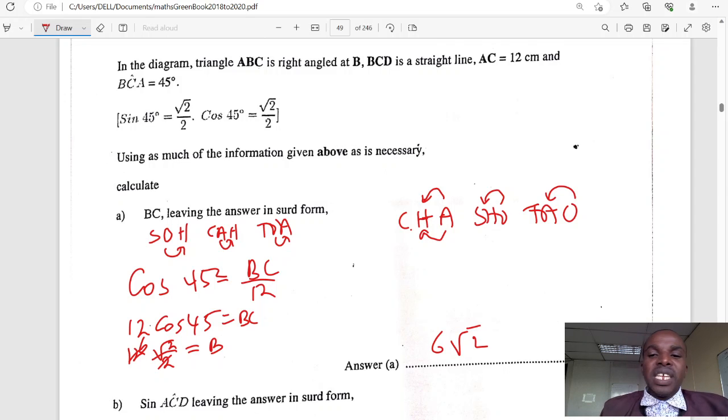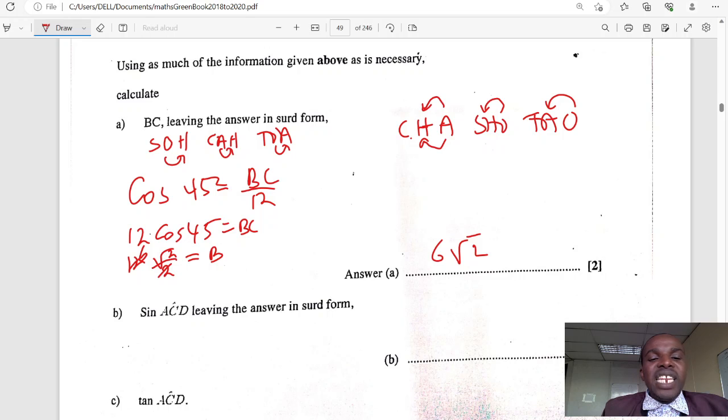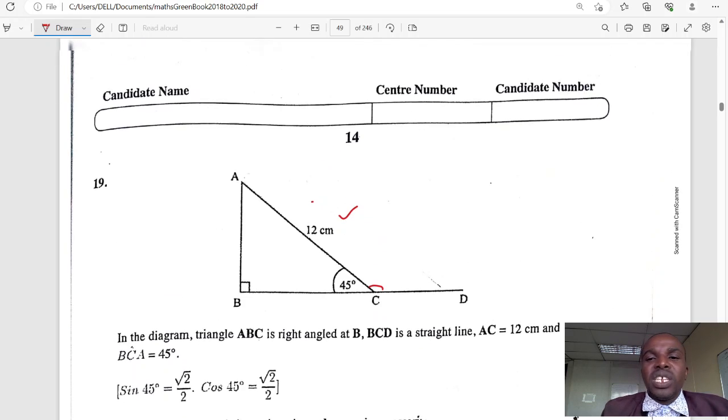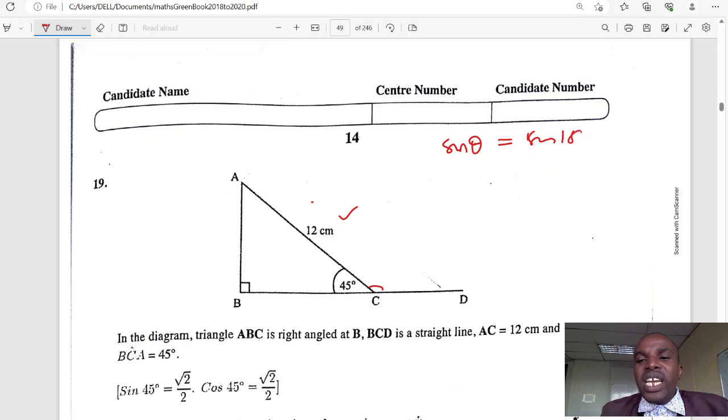Then you are done. Next, find sine ACD, leaving the answer in surd form. Right, sine ACD, relationship between sines of angles. Sine theta, given that theta is acute, is the same as sine of 180 minus theta.